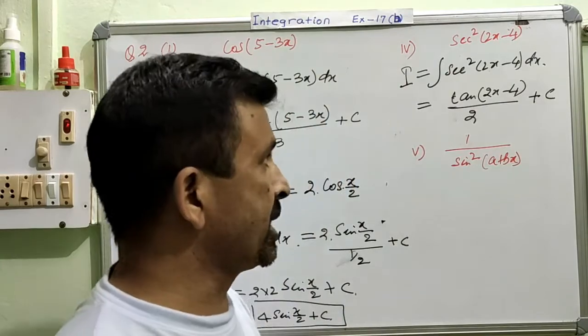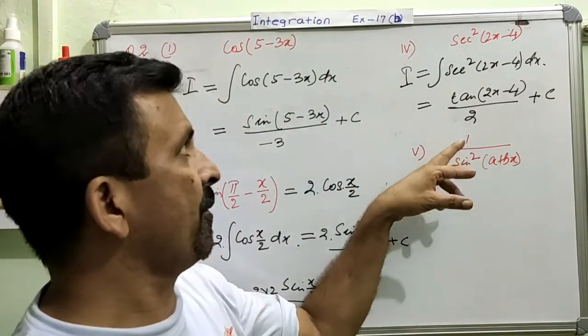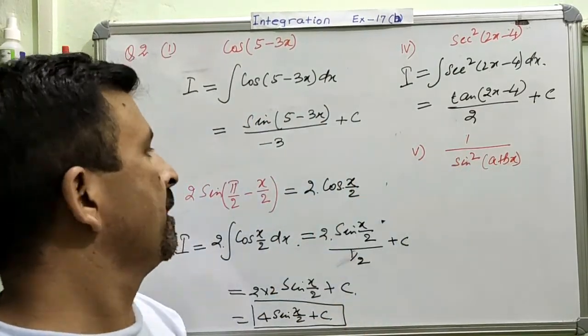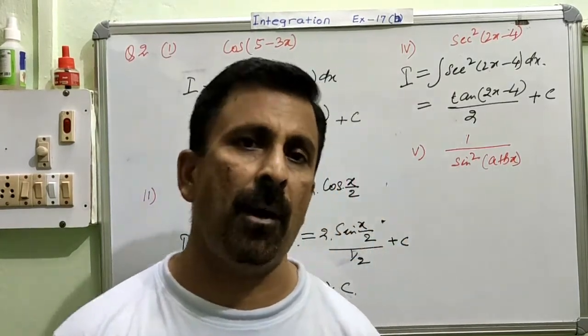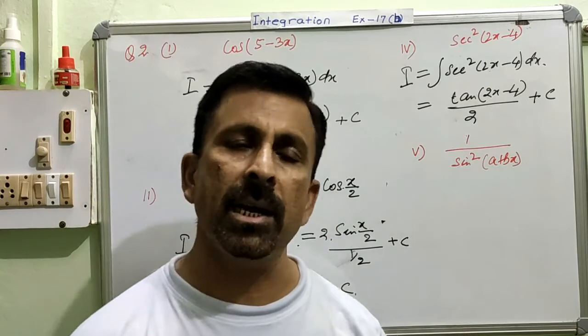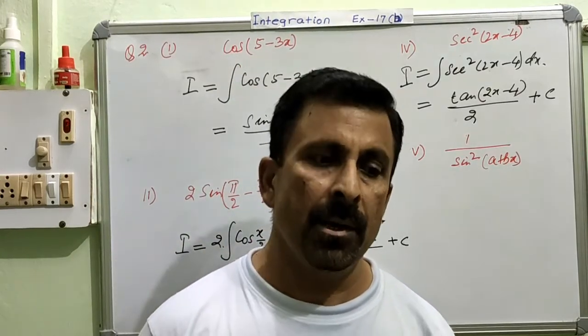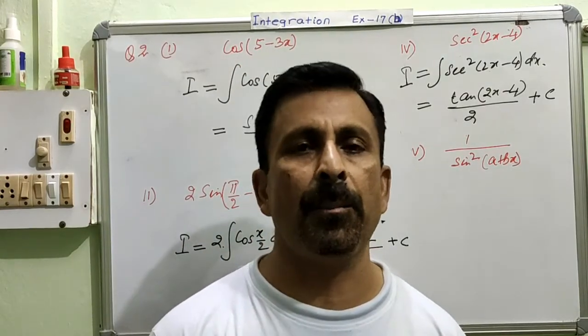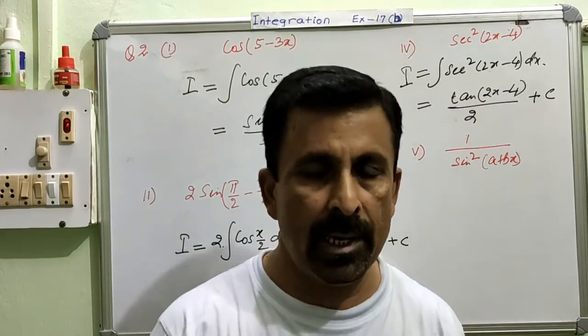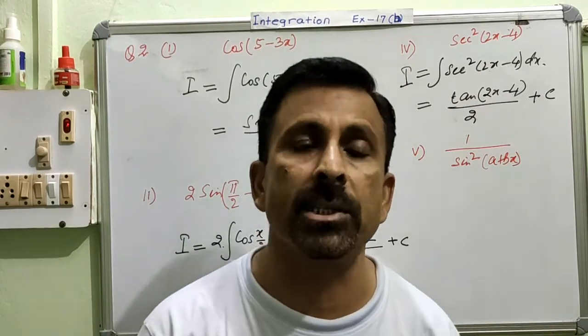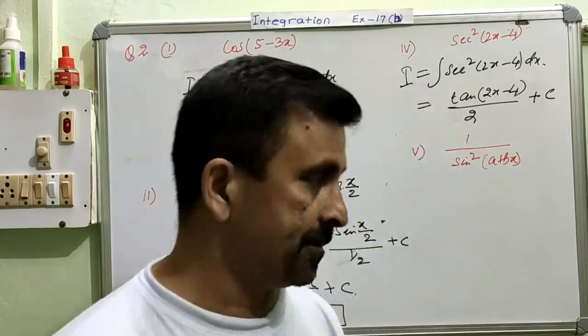Now this is your new question, and this question is in the form of quotient, right? I already told you that there is no integration rule for the product form or for the quotient form. So if we have a product form or quotient form, then first of all we need to simplify the function, and after simplifying the function only we can proceed for the integration.